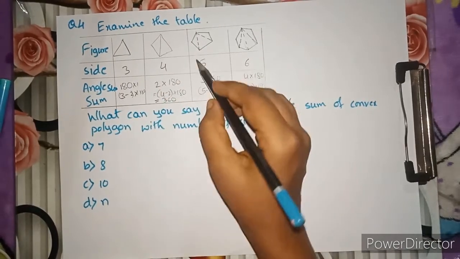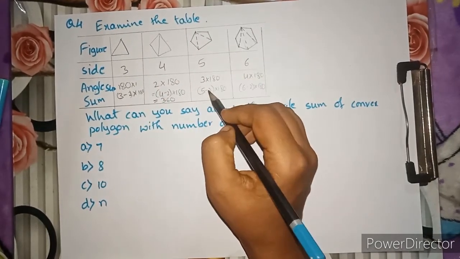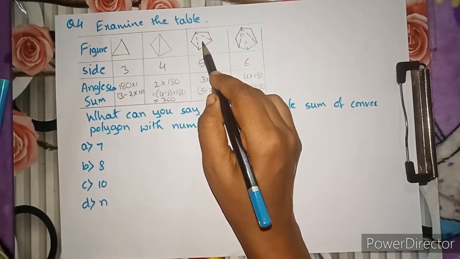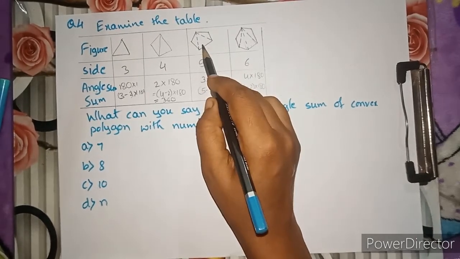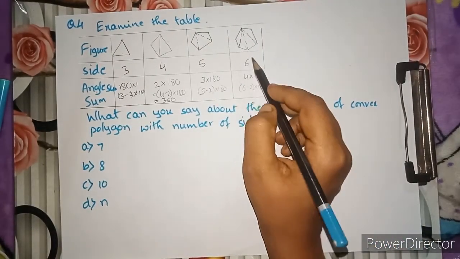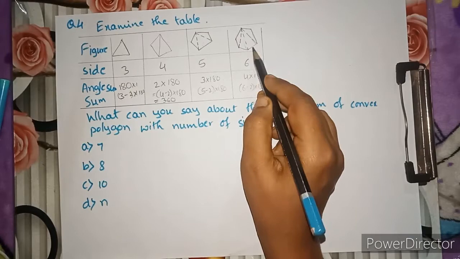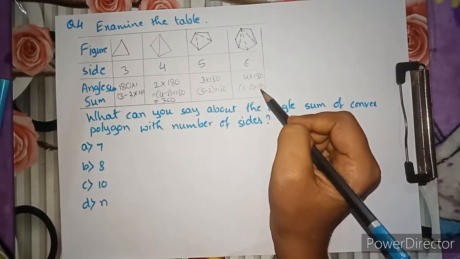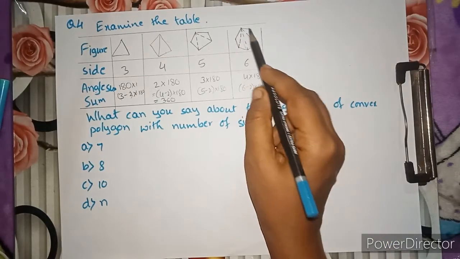In the same way, we have 5 sides here. 5 minus 2 into 180 is the angle sum of this pentagon, 5-sided polygon. Same way, hexagon. We have 6 sides, 1, 2, 3, 4, 5, 6. Okay, 6 minus 2 into 180 is the angle sum of this hexagon.